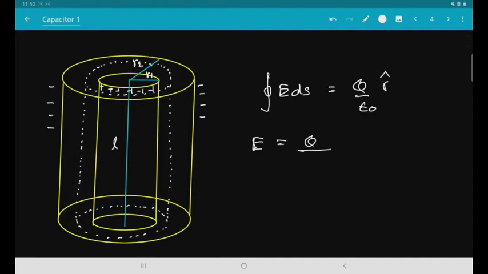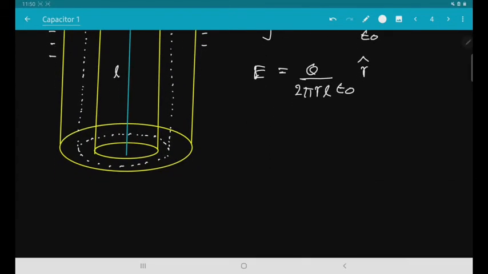Now why curved surface area? Because this is the area through which the flux is going to pass. There will be no flux passing from the upper circle and lower circle. So it will be 2πrL divided by epsilon naught. It will have the direction of r cap.